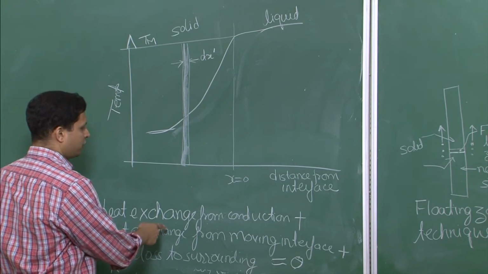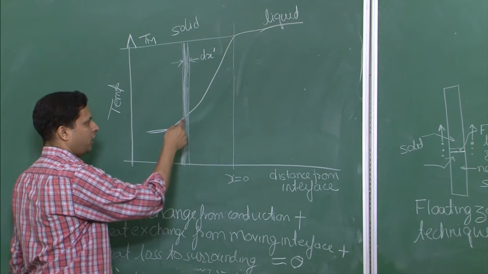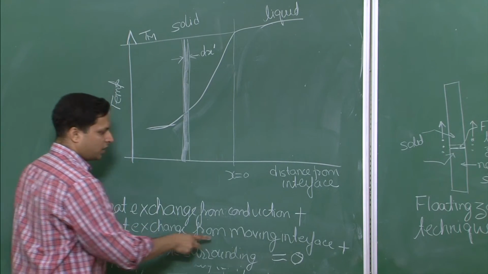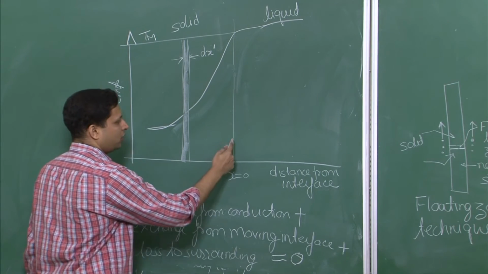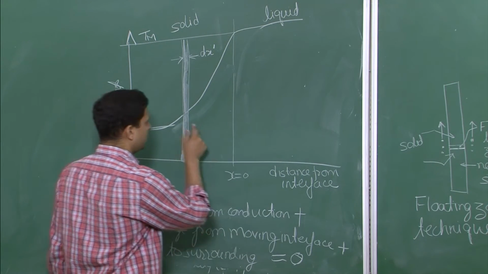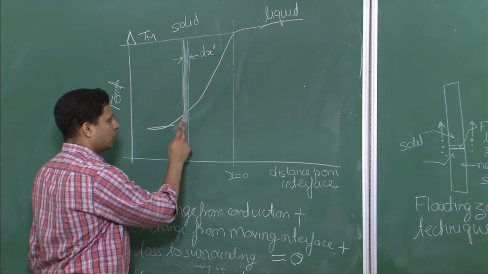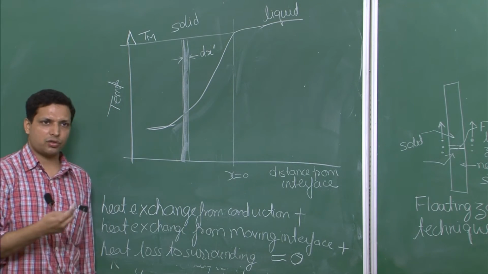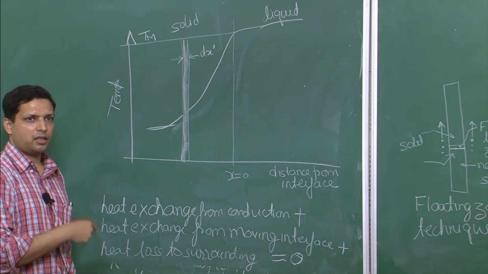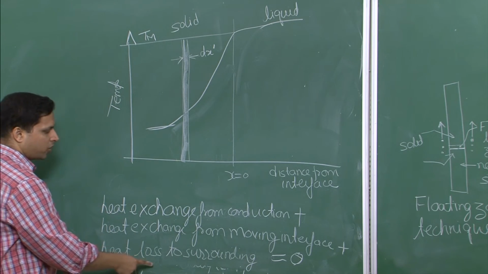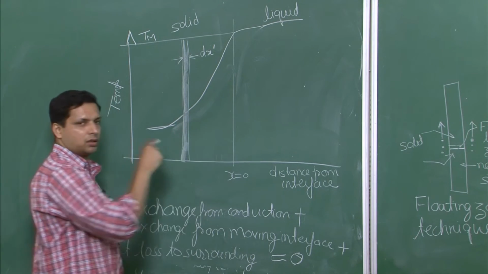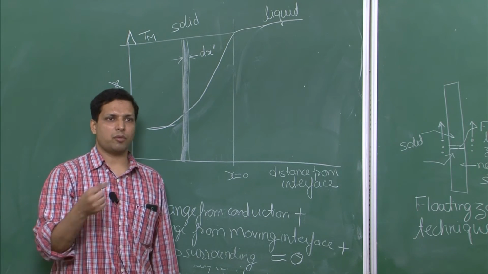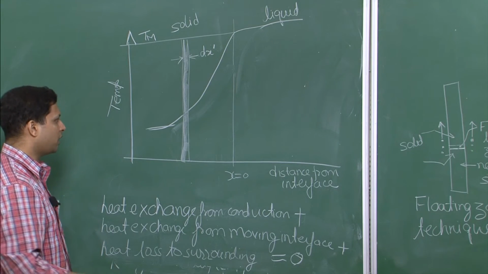Now, what is heat exchange from conduction? There is heat flowing into this element and then going out of it, that is the heat exchange from conduction. Heat exchange from moving interface: this interface moves from here to here, because of that this element also moves from here to here, and therefore, the heat has gotten exchanged. Some of the heat has gone in, some heat has gone out. There is heat loss to the surrounding. This particular element is also in a furnace environment, so some amount of heat is also being lost into that atmosphere.